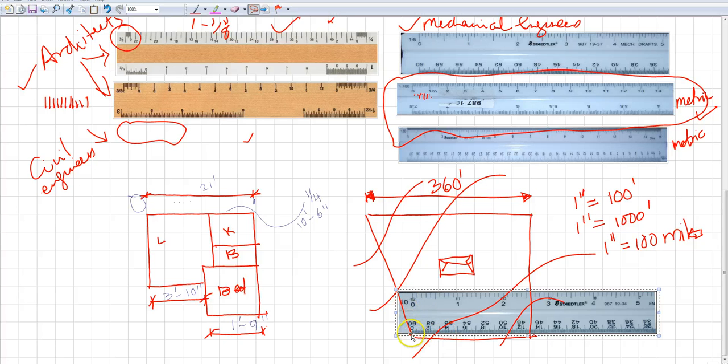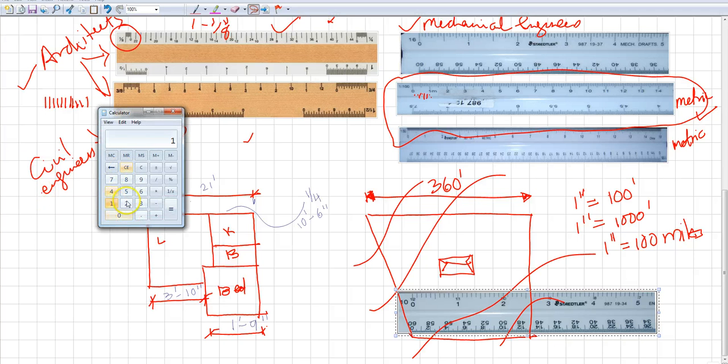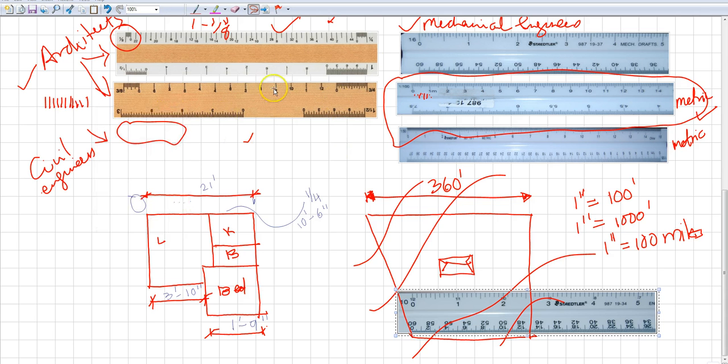So the distance would be 13 multiplied by 60. Let's calculate. 13, which is what you see right here, right? 13 multiplied by 60 is equal to 780 feet.